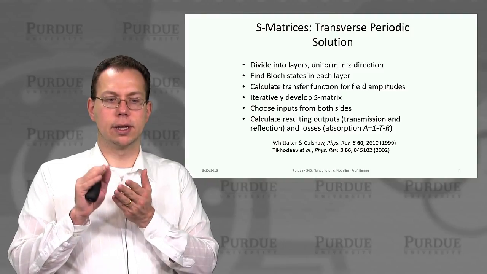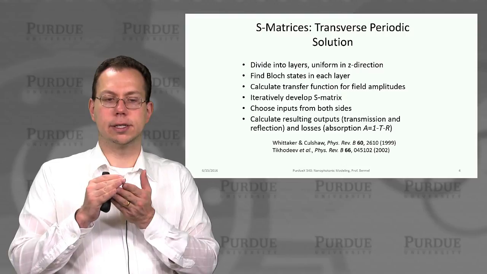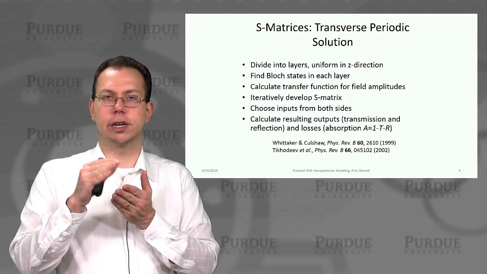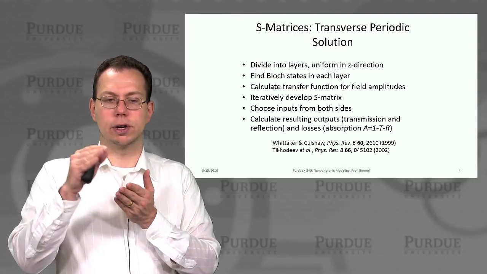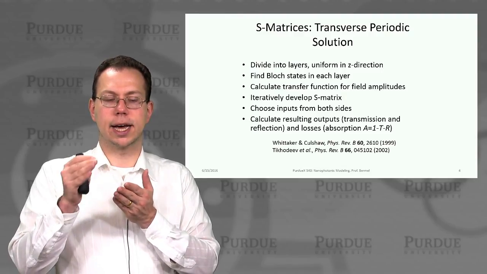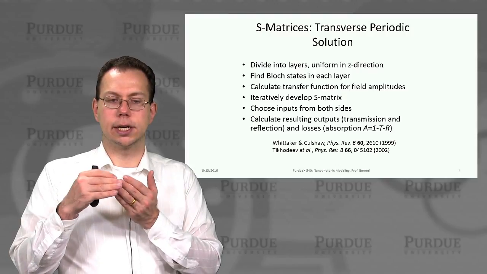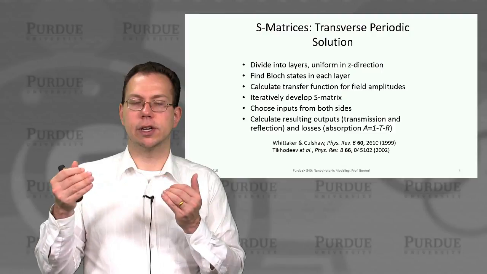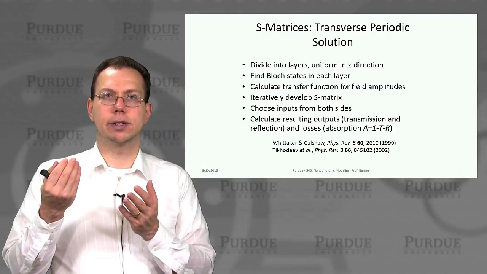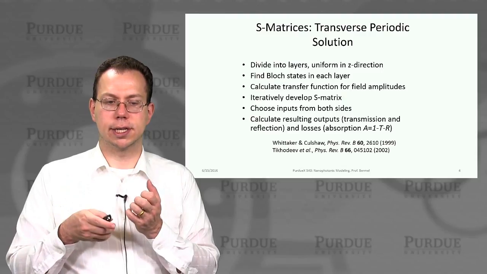That could be okay. But then we have to find the Bloch states in each of those layers and then calculate a transfer function for the field amplitudes within this layer as well as across layers. And then that allows us to iteratively develop the S-matrix. Once we have that S-matrix, including periodicity, we could pick inputs and then get physical outputs for transmission, reflection, and absorption of the system.